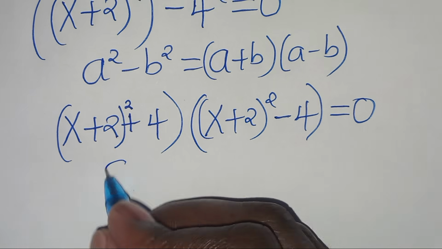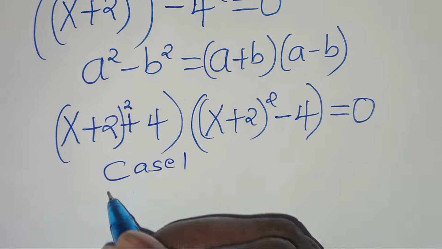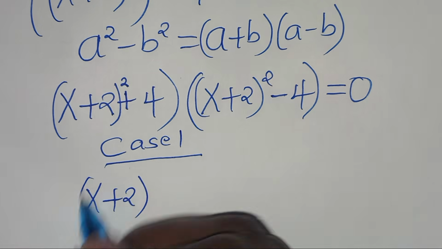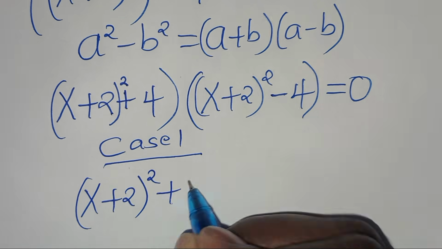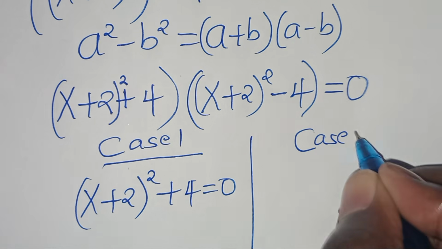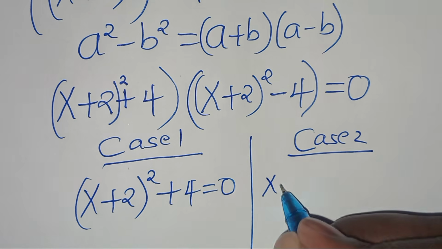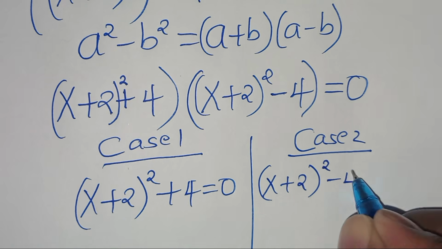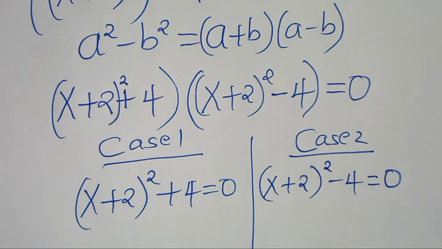So we have got two cases here. Case 1 is (x + 2)^2 + 4 = 0, and case 2 is (x + 2)^2 - 4 = 0.